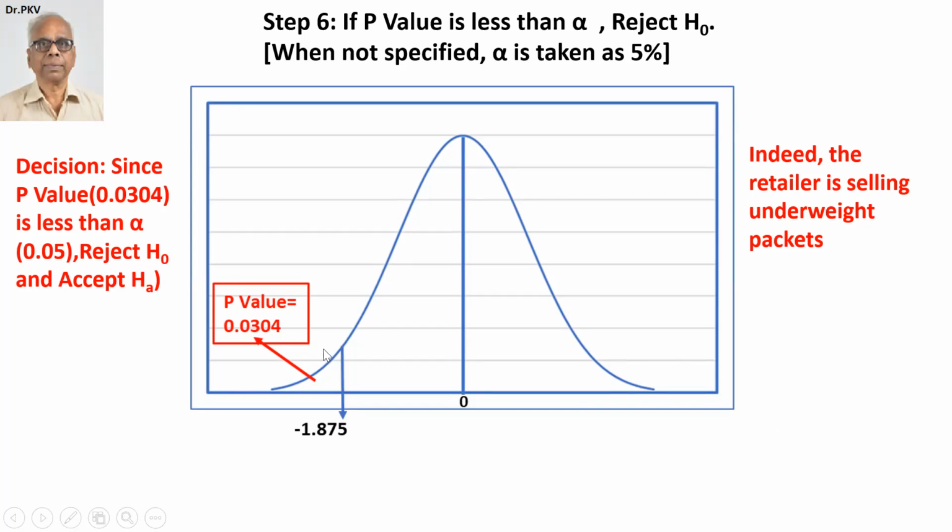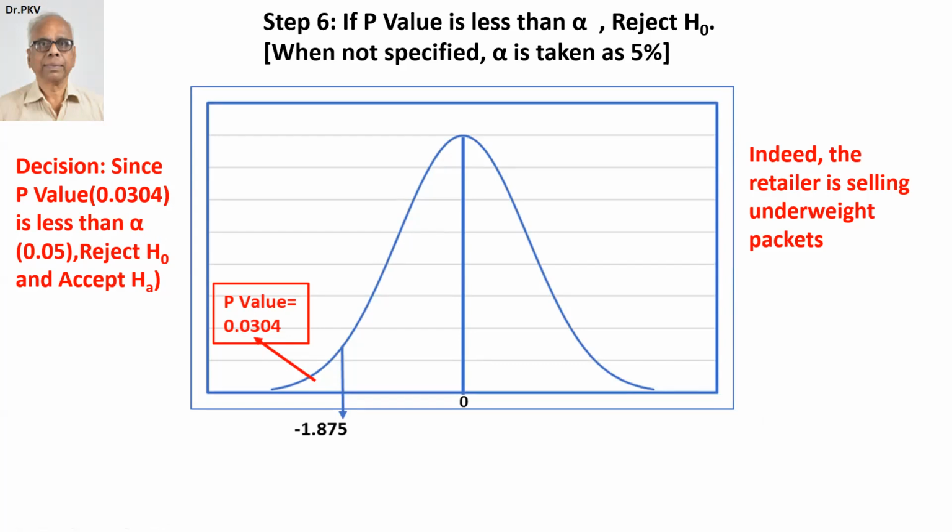The p-value is the actual risk you are taking of going wrong. Alpha is the desired risk of going wrong, which is 0.05. In other words, rejecting the null hypothesis when it is true is called the alpha risk, which is 0.05. Now the risk is even less, 0.0304. Therefore, the null hypothesis is rejected.